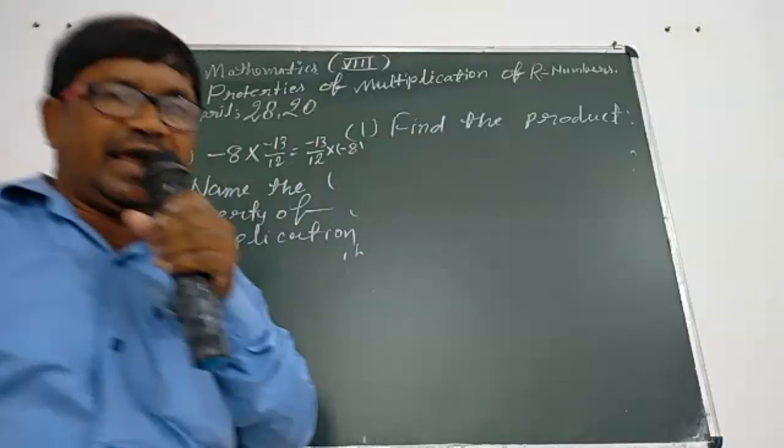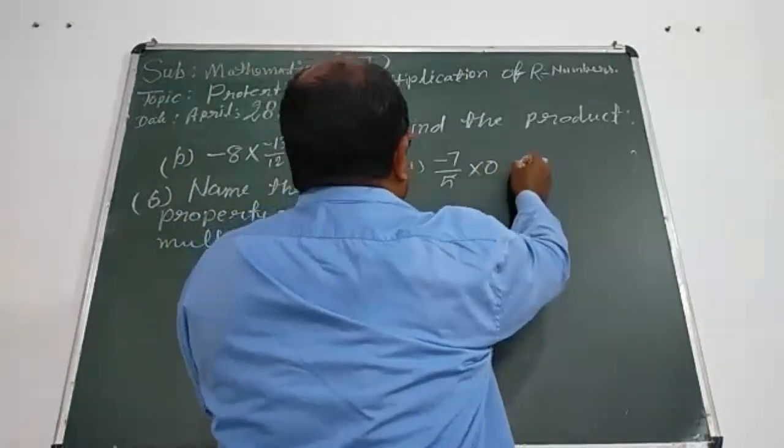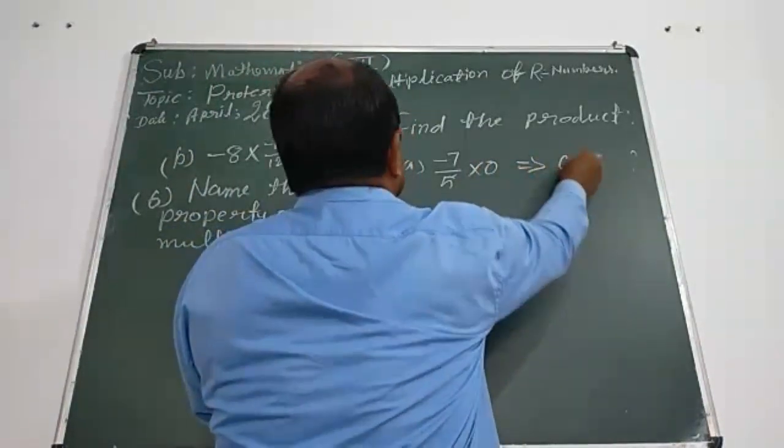First question: minus 7 upon 5 multiply 0 equal to 0.